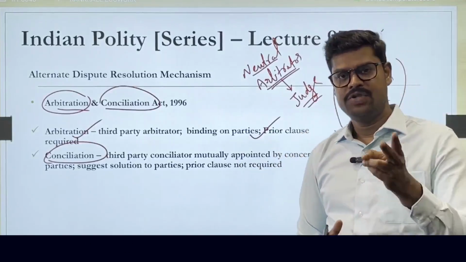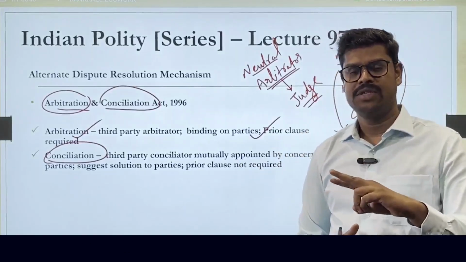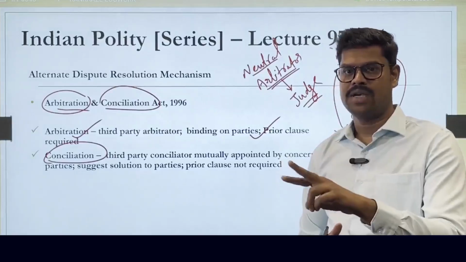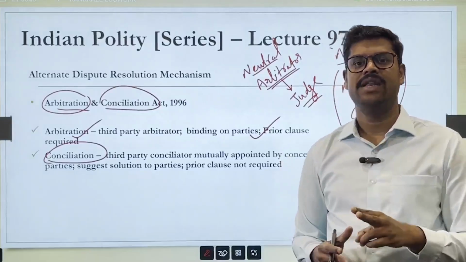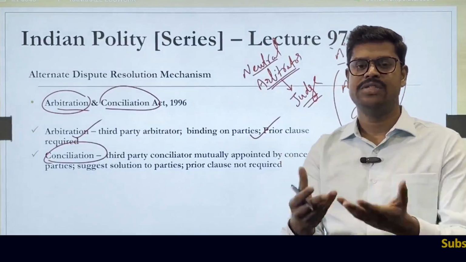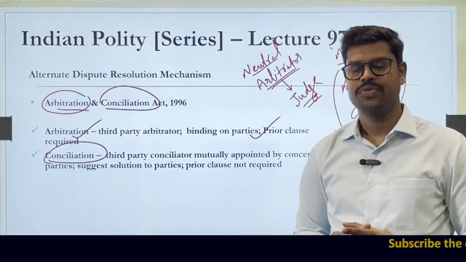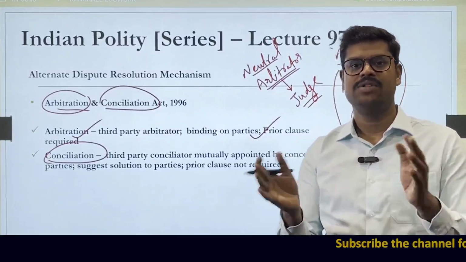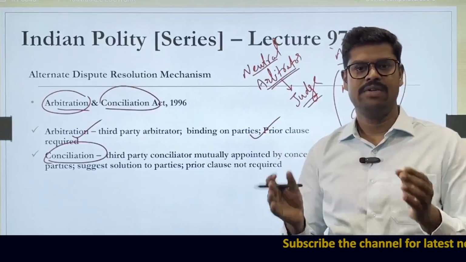So the basic difference between arbitration and conciliation is, in arbitration the arbitrator will pass the order, whereas in conciliation the conciliator will only give suggestions to the concerned parties, where the parties themselves will come to an agreement and then they will sign the order.